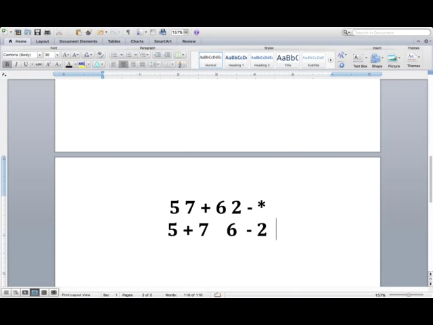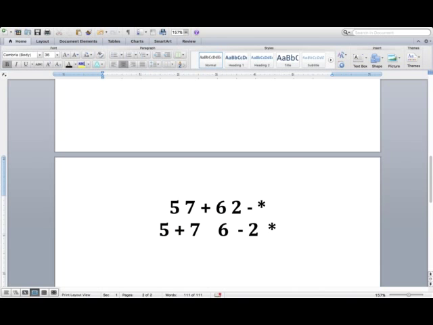And then I have multiplication operator. So I'll just leave it there. So that simply means that it would be multiplication of 5 plus 7 multiplied by 6 minus 2. So really, if I really want to do it correctly, I'll have to apply parentheses. So my next line will be like this.